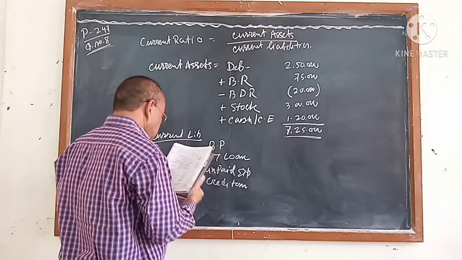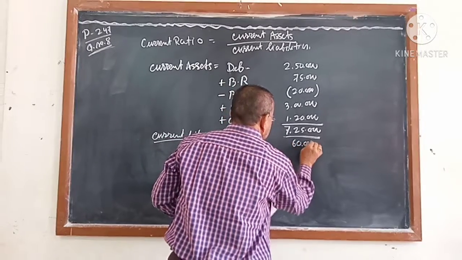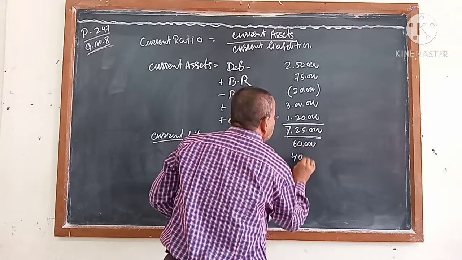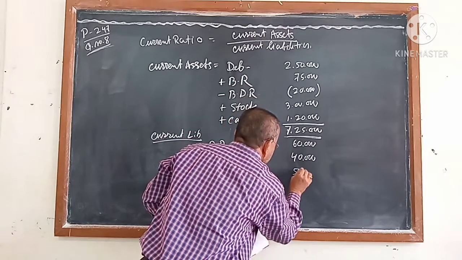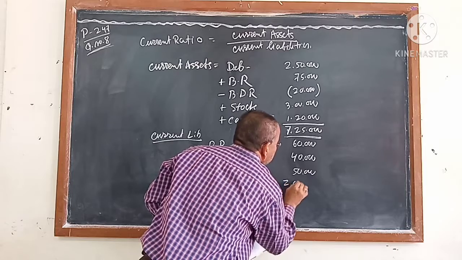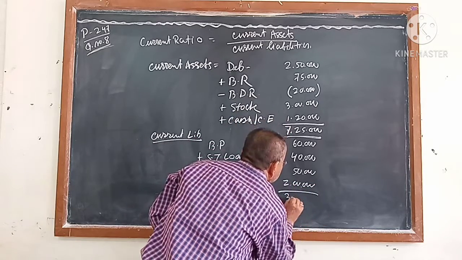These four are 60,000, 40,000, 50,000 and 2 lakh. If you add them, you will get 3,50,000.